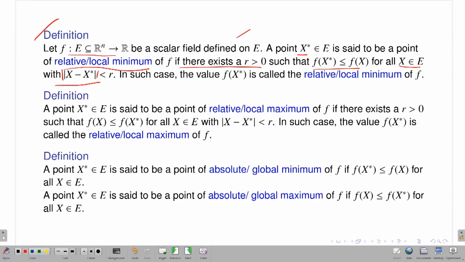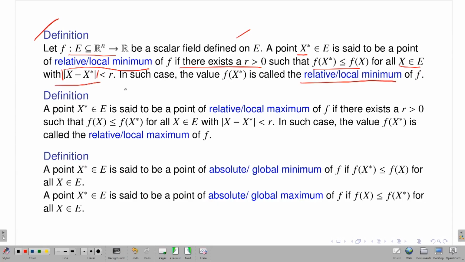So, locally around the point x star, the value of f at x star is always less than or equal to the value of f at x. If this happens, then I will say that x star is a point of local or relative minima, and the value of f at x star is called the relative or local minimum of f.